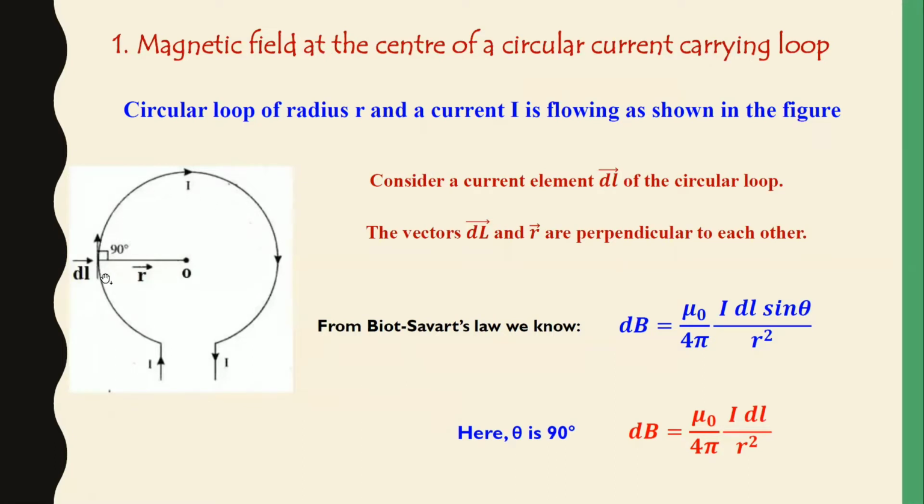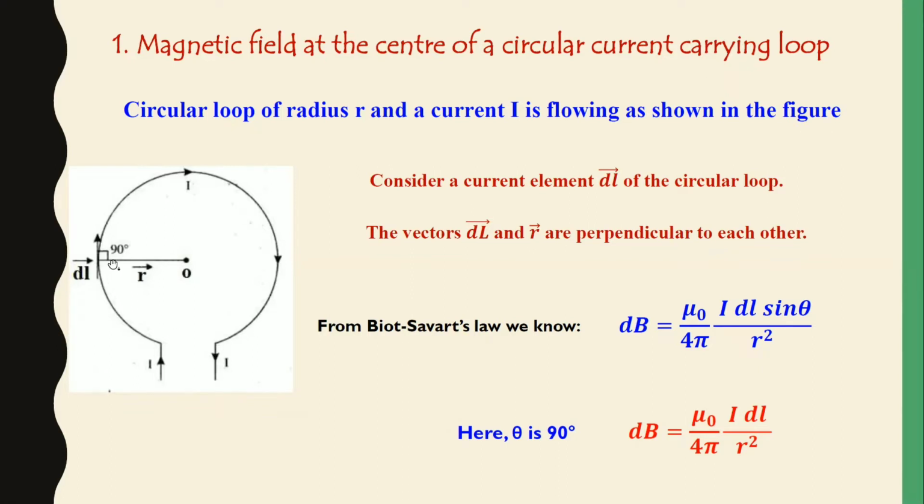Here, a circular current carrying loop is shown. The current is entering the loop and it is flowing in a clockwise direction and coming out of that loop.